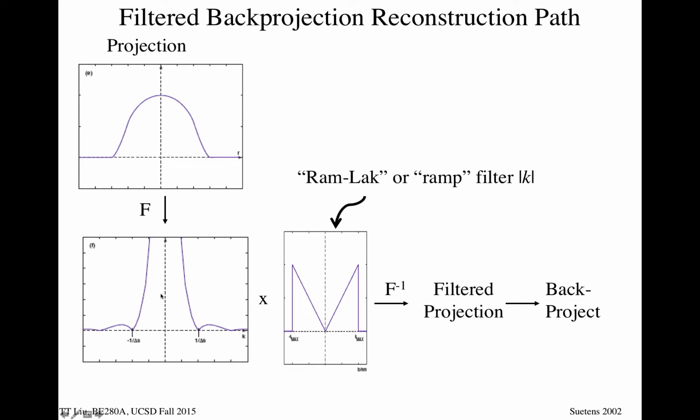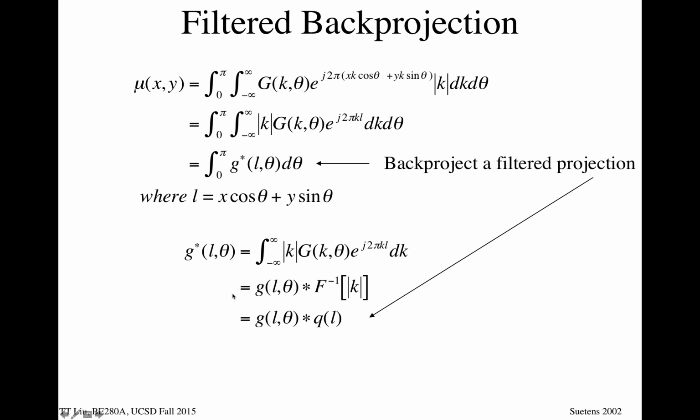And then we multiply capital G_K theta by the ramp function, absolute K. We take the inverse Fourier transform. Wait, and that thing is the G star? Well, the G star is after we do this, the inverse. No, it is not. So G star, let's go back and look analytically.